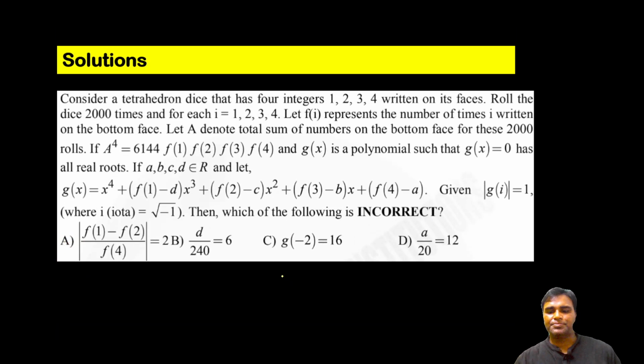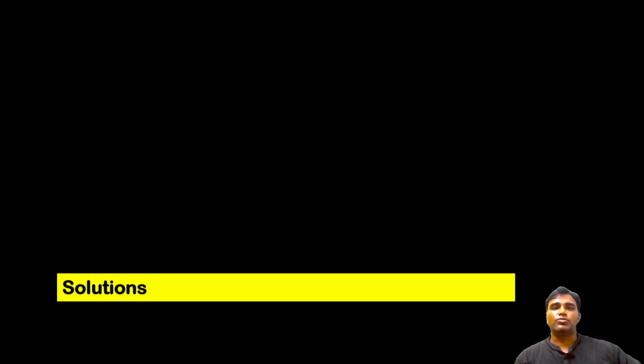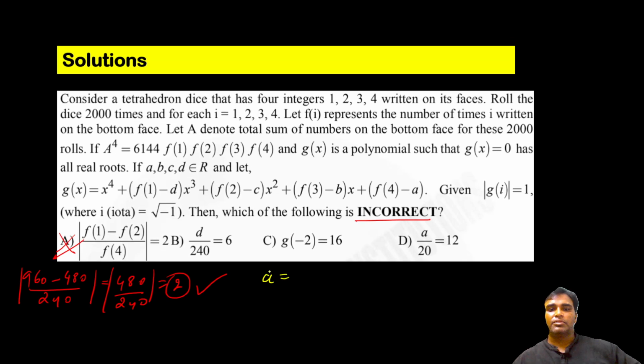A is 240, B is 320, C is 480 and D is 960. Now let's put the values. D by 240, if I do, it will come as 4. So this is correct, right?